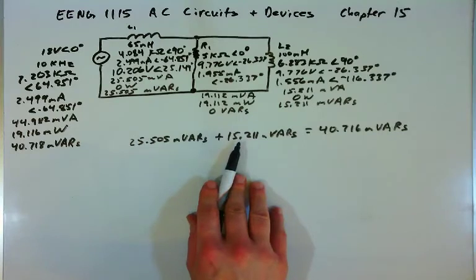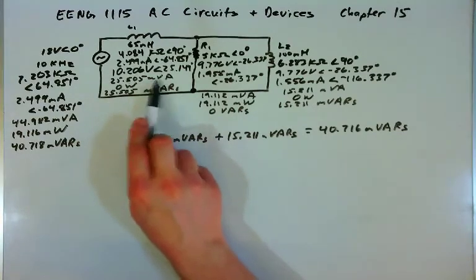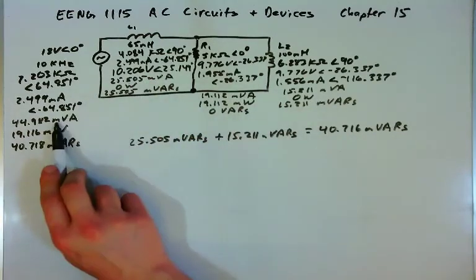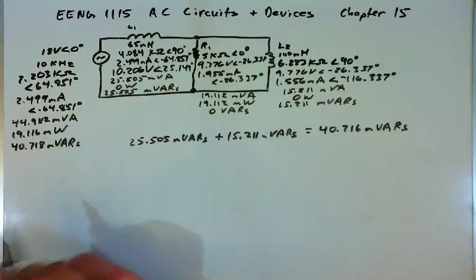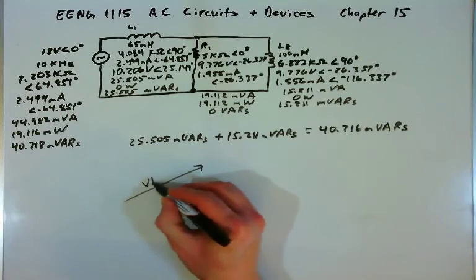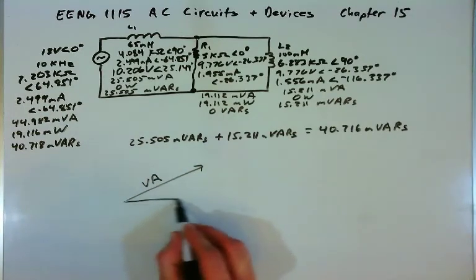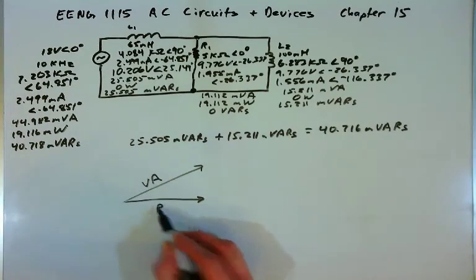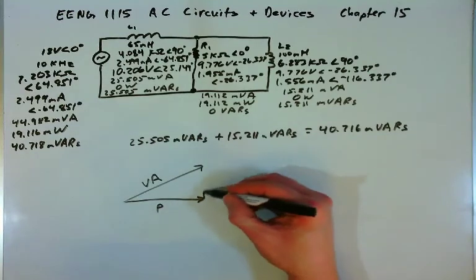Now, the volt amps will not add up to be the total volt amps. That is because, remember, the volt amps is the hypotenuse of a right triangle. One of the legs is power, true power, measured in watts.